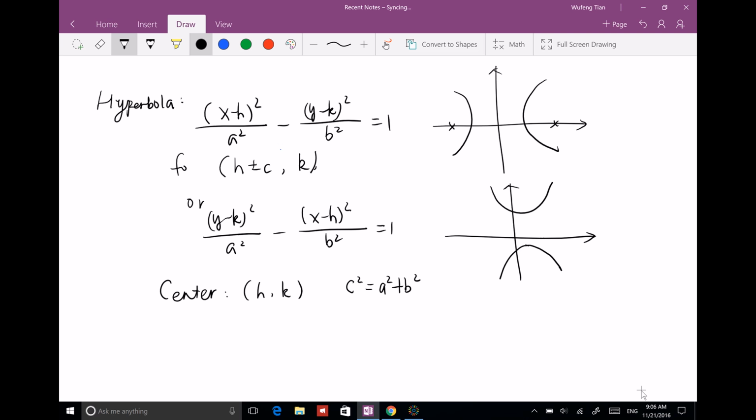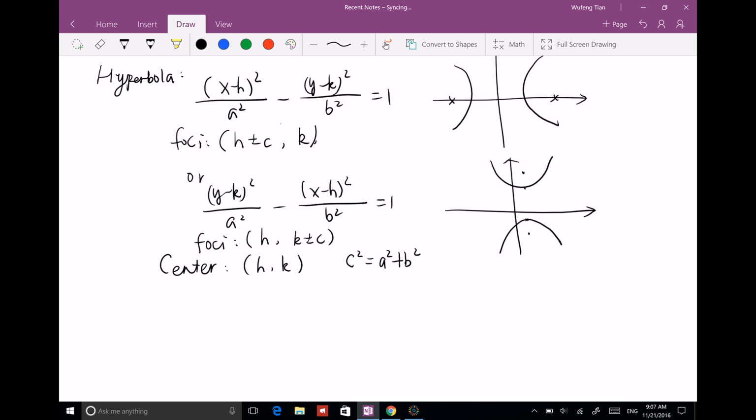For the other one, you have the same thing: the x value won't change, so h stays, but you have k plus or minus c.